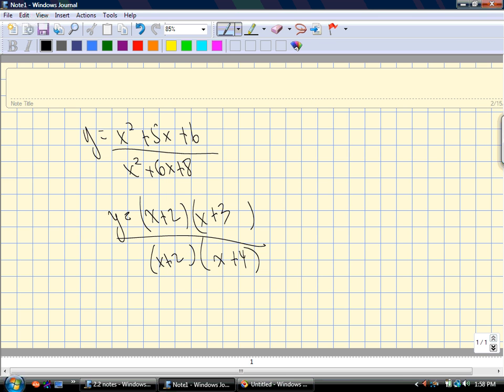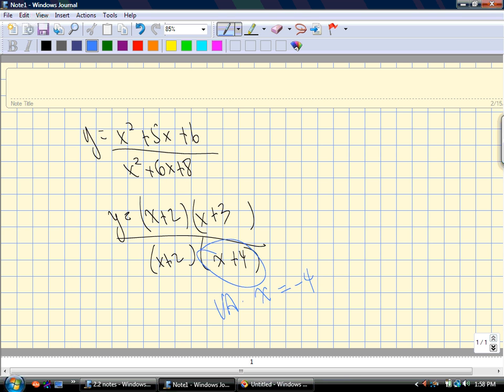Which term in the denominator doesn't cancel? So the vertical asymptote is going to be at x equals negative 4. Okay?